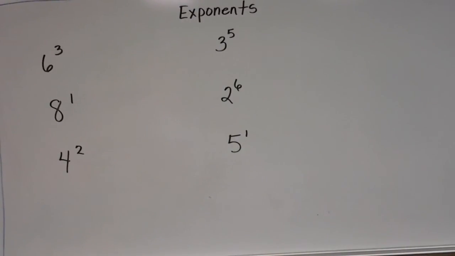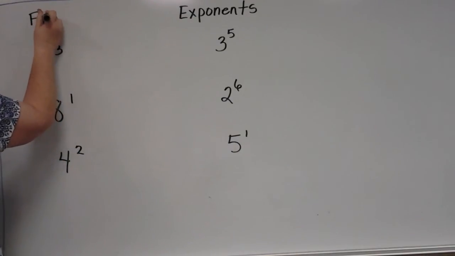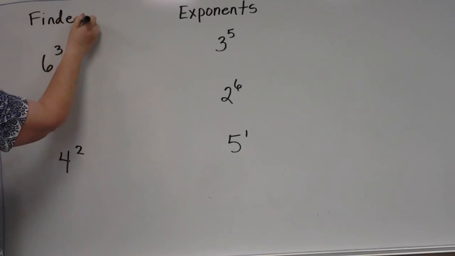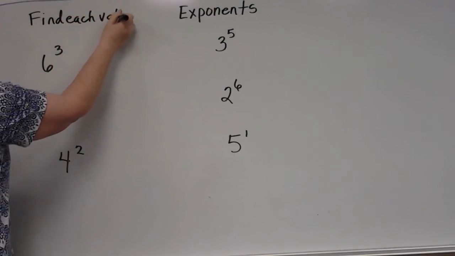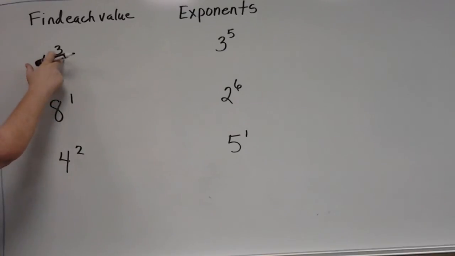Now, try these practice problems. The instructions on problems like these would say, find each value. That means you look at the base and you look at the exponent. The base is what's getting multiplied. The exponent is how many times to write it down.